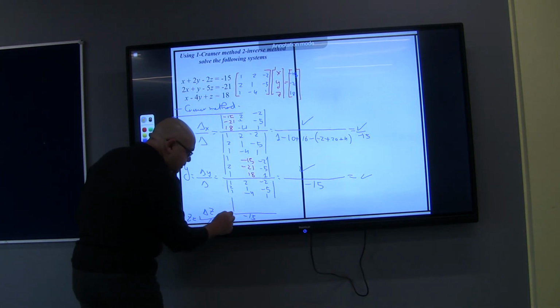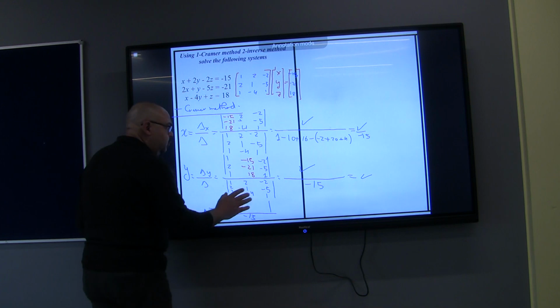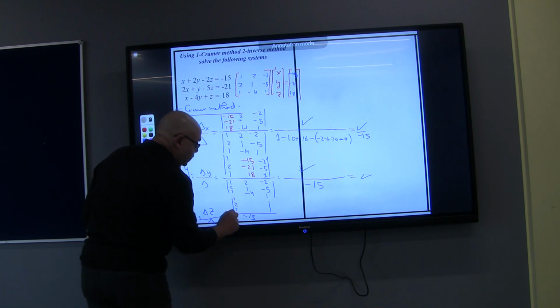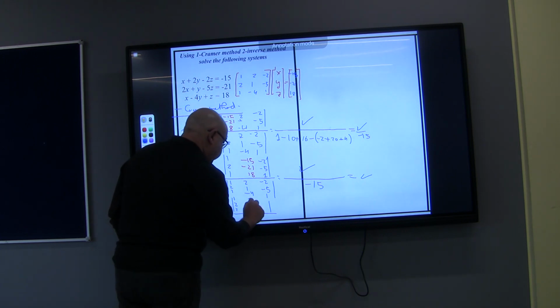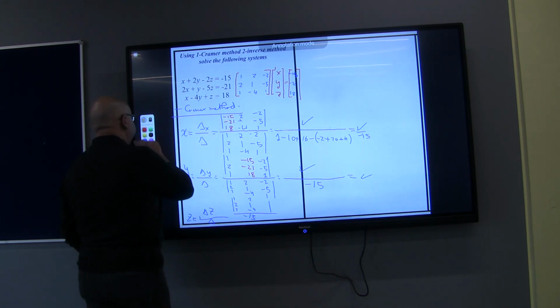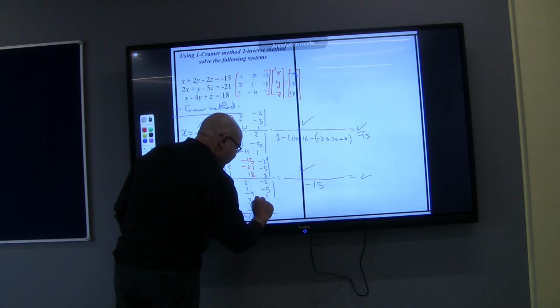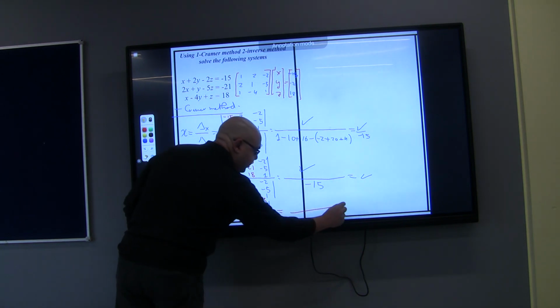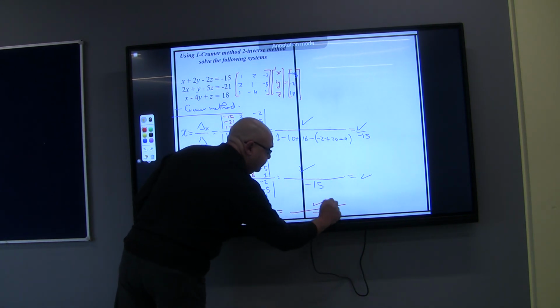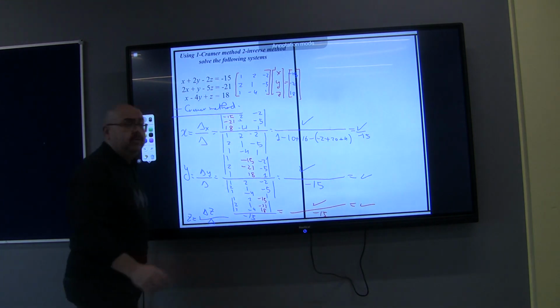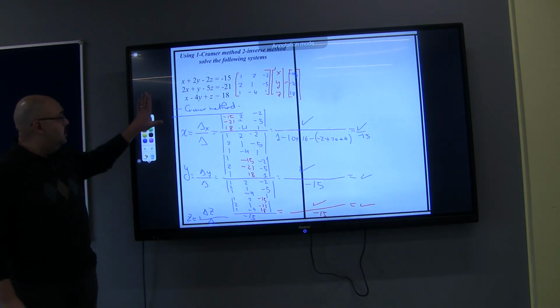Then in exactly the same way, we will put 1, 2, 1, then 2, 1, negative 4, and then we have negative 15, negative 21, then 18. In a similar manner, the denominator is negative 15, and you can get the value of x, y, z. This is the method using Cramer.